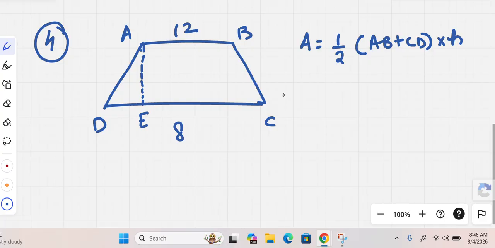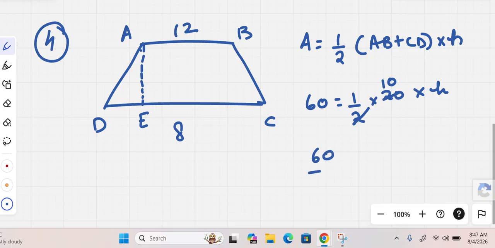So area is how much is the area given? 60. 60 equal to 1 by 2, 12 plus 8 is 20 into h. So this we cut, it is 10, 10 goes down. So 60 by 10 equal to h. h is 6 centimeter. So for fourth, option is C.